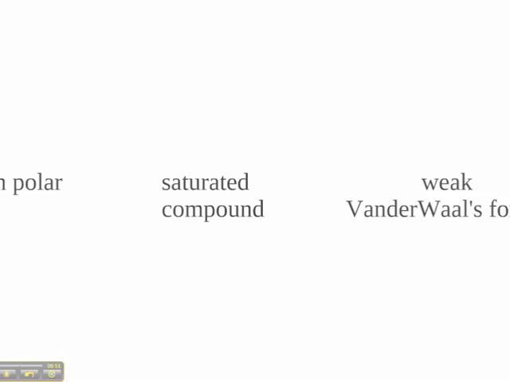Next on the list are the properties of the alkane. Alkanes are nonpolar. That means that the electrons are equally spread, so we don't have them pulling one way or the other. So there's no definite negative or positive charge. That's our first one. They're nonpolar. They are a saturated compound.